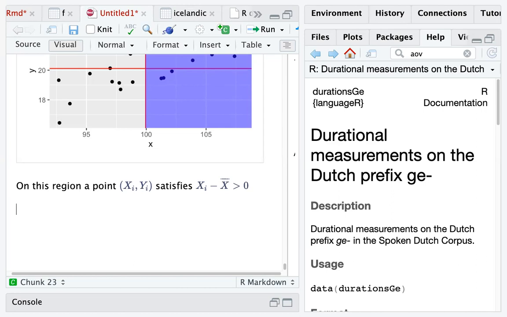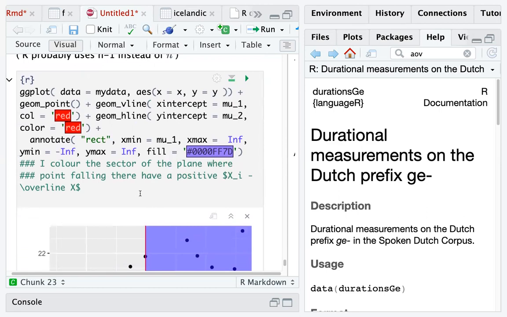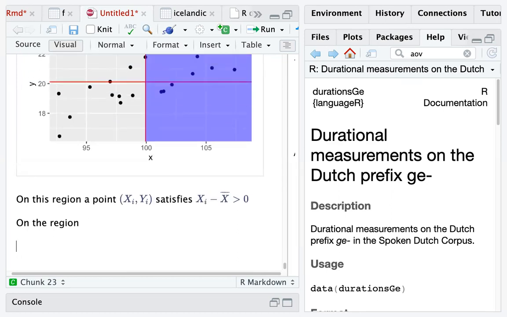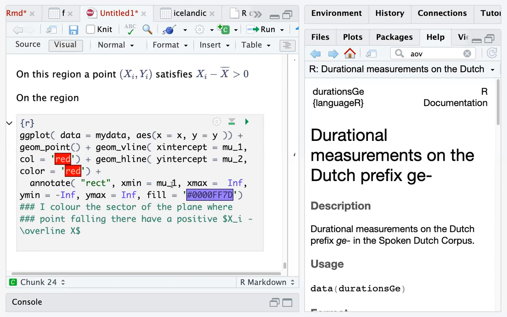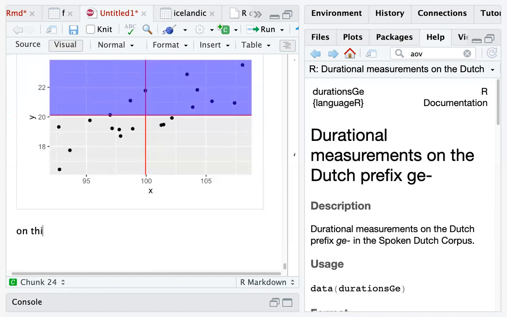On this other region, the region for which yi minus y bar is positive.